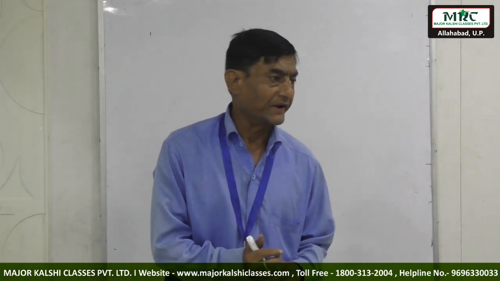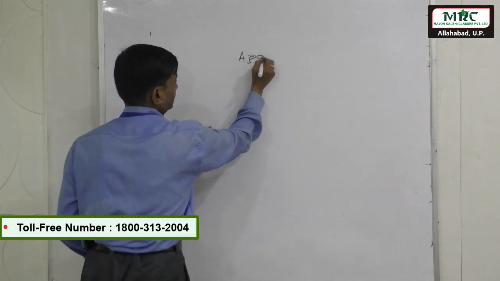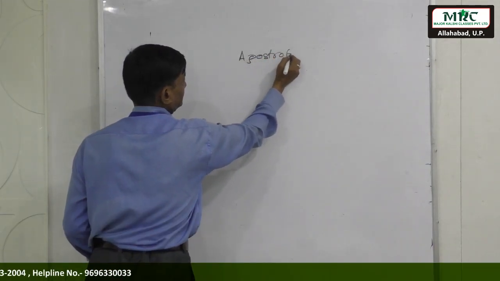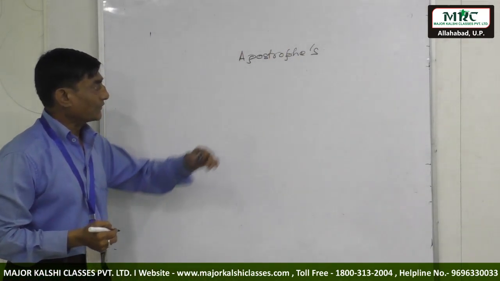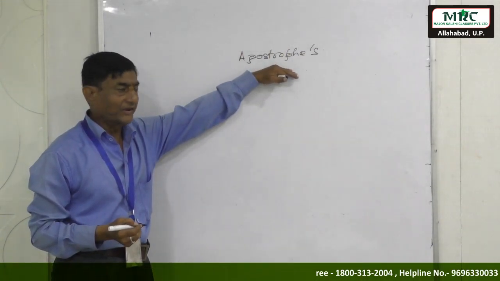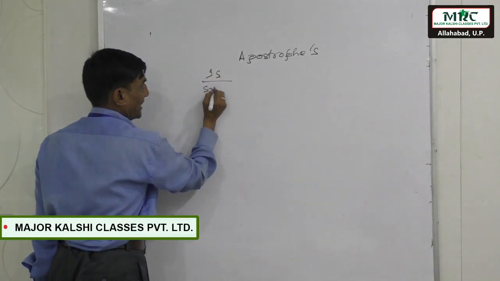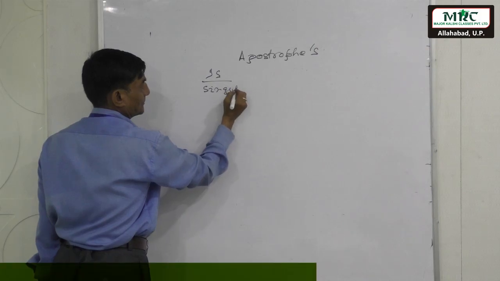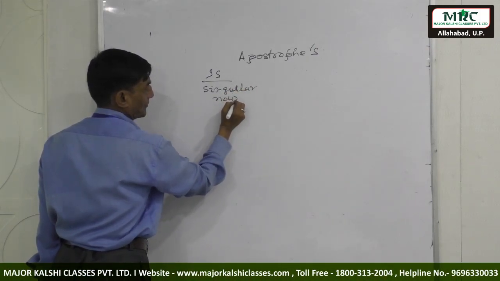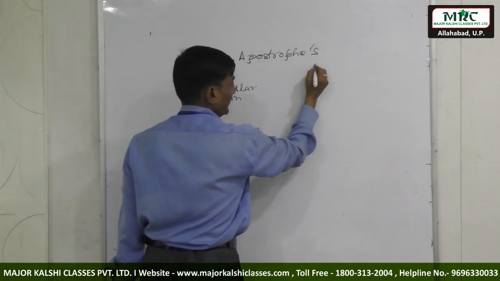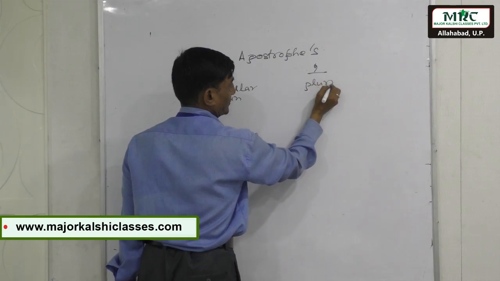Students mostly get confused with the use of apostrophe s. The rule of applying this apostrophe s is that we use apostrophe and s with singular nouns, and we just use the sign of apostrophe with plural nouns.